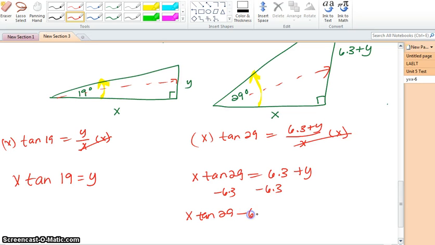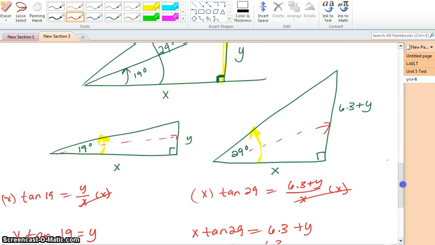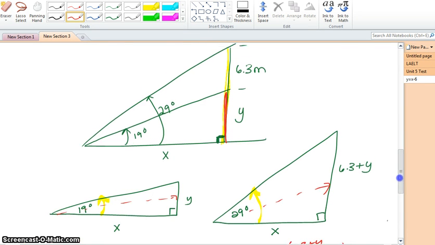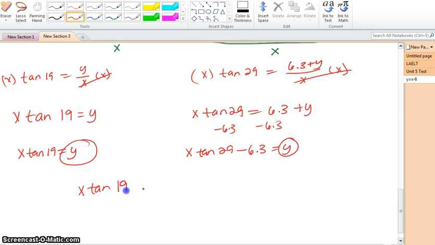X tangent 29 minus 6.3 equals y, and x tangent 19 equals y. We know the y's are going to be the same because this distance hasn't changed. It's the same for either triangle. So x tangent 19 equals x tangent 29 minus 6.3.